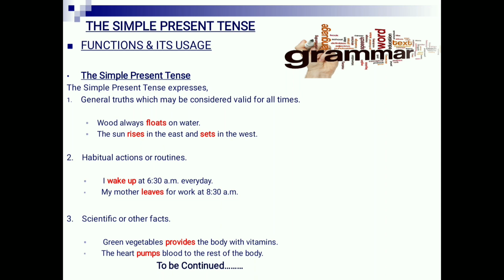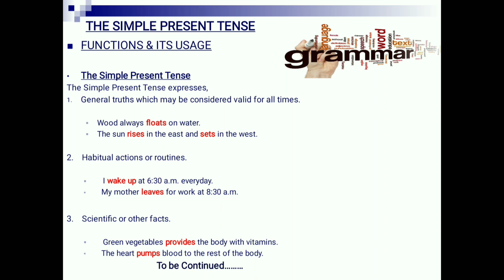When there are habitual actions or routine, that time we use simple present tense. See, I wake up at 6:30 a.m. every day. My mother leaves for work at 8:30 a.m. These are habitual actions, daily routine mentioned here. When we discuss daily routine, that time we use simple present tense.